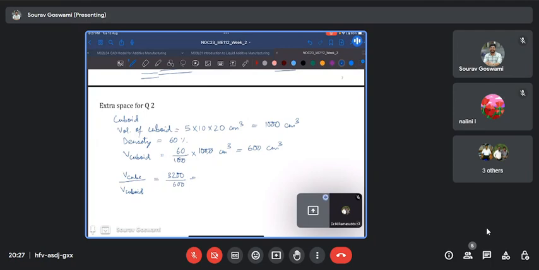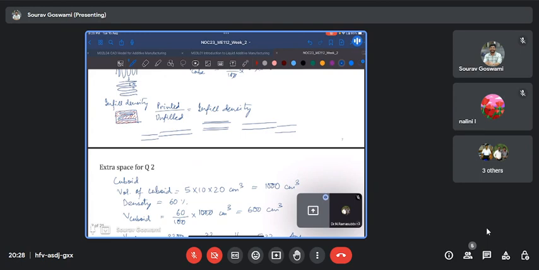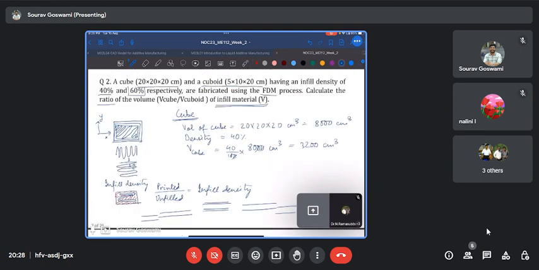So this comes out to be 32 by 6, or if we simplify further, 16 by 3. Or please give me a minute, I'll calculate. 5.33. So this is the ratio, or this is the quantity that we're asked to find in the second question.